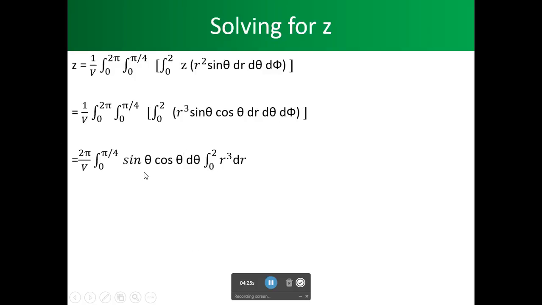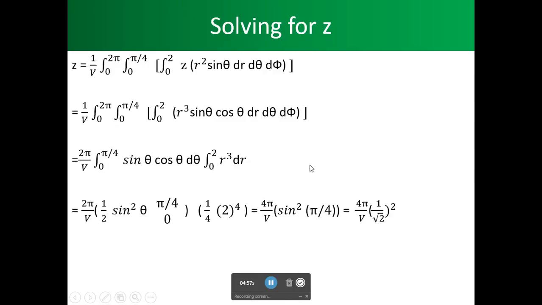Now we're going to separate them so that we can integrate easily. So the phi integral gives 2 pi out front divided by V. We have our sine cosine d theta to integrate, and we also have to integrate our r cubed dr.